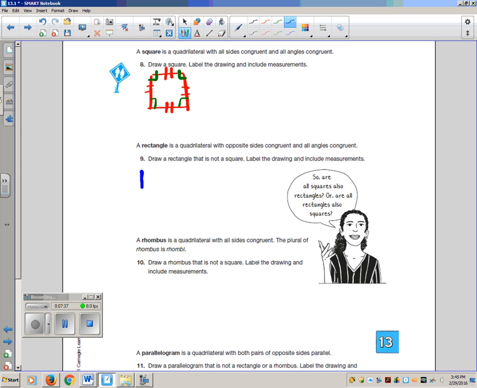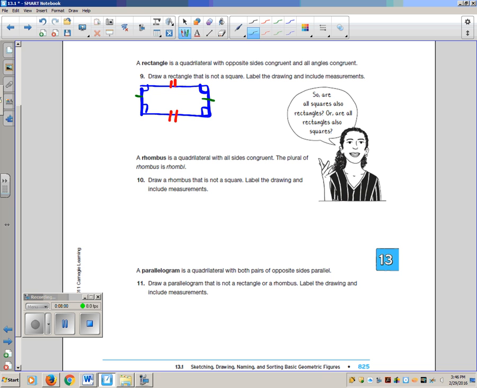Now we're going to draw a rectangle. A rectangle still has 4 right angles. Opposite sides are congruent. A square, by definition, is a rectangle. A rectangle is not a square.